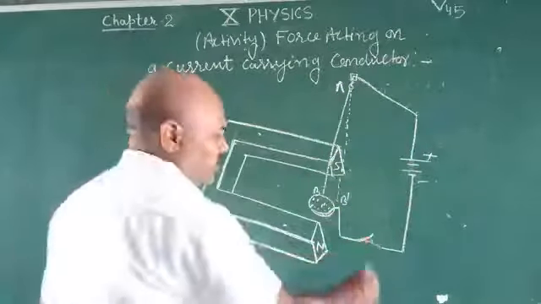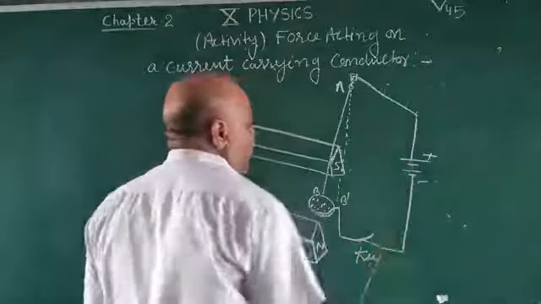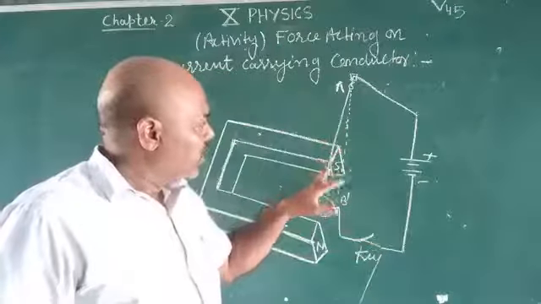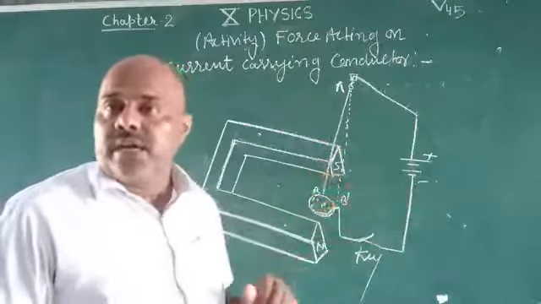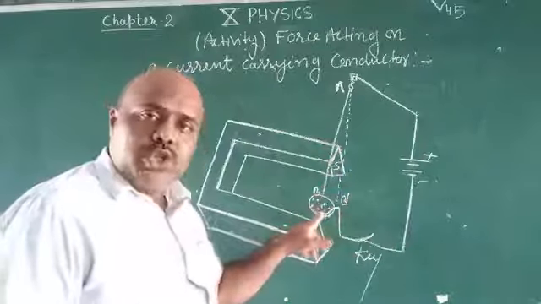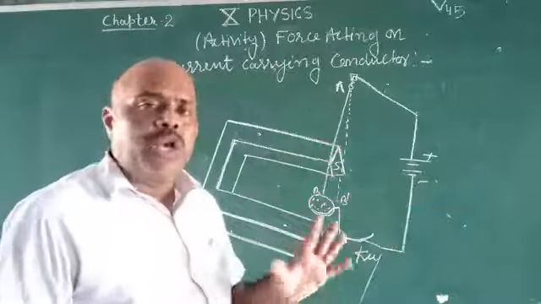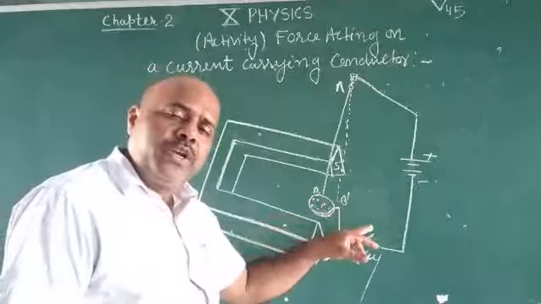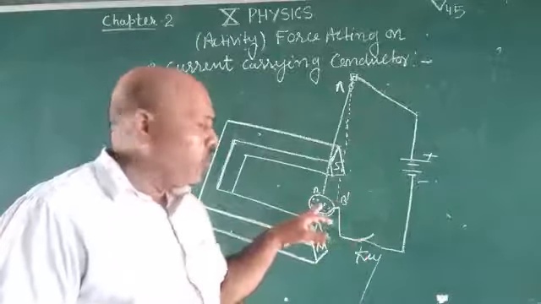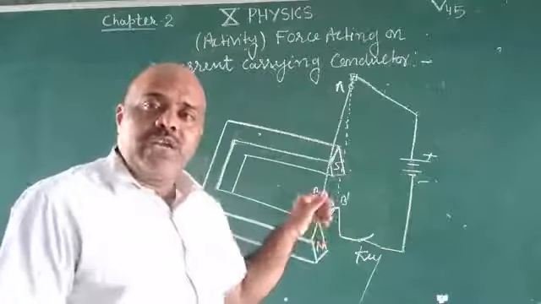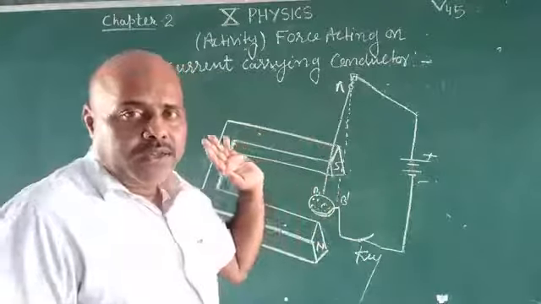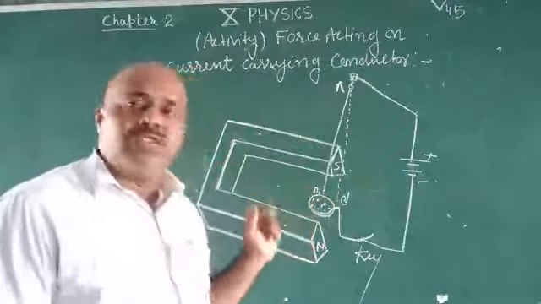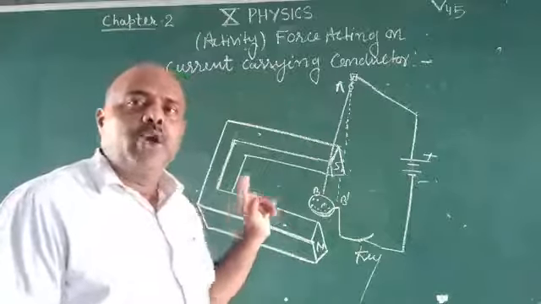When the key is pressed, the wire begins to move in the forward direction, and when we leave this position, the circuit breaks, no current flows, and it comes back to its original position. Once again it touches the mercury liquid, current flows through it, and it begins to move, because of the force acting on this wire due to the magnetic field.